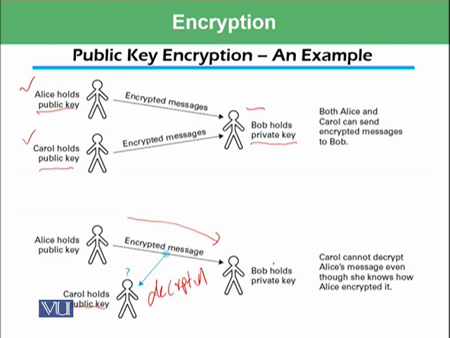It can be decrypted only by Bob using his own private key, which means that this message can only be understood by the receiver only. So Carol cannot decrypt Alice's message even though she knows how Alice encrypted it. So this is one of the strategies of using public key encryption.